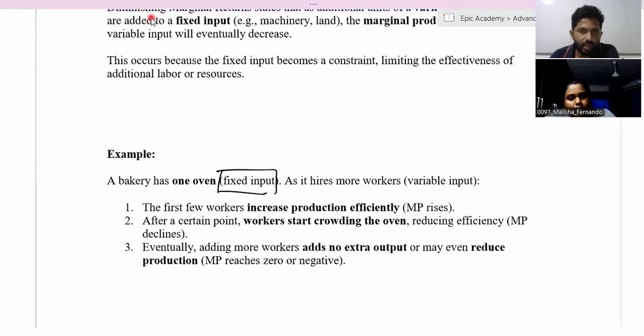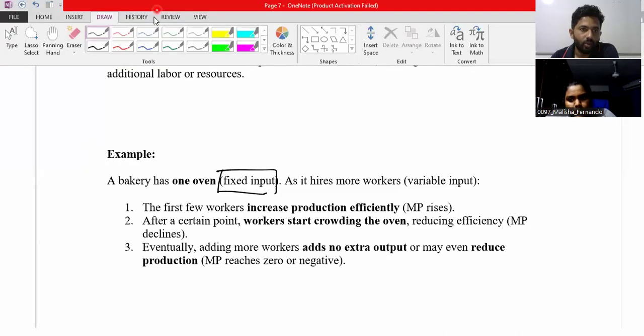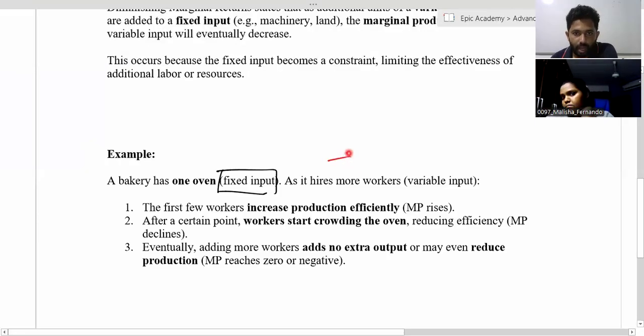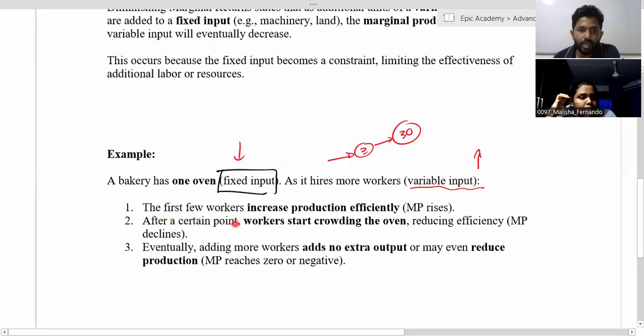As it hires more workers, already they hired 3 workers, and now they are going to hire 30 workers. Okay, that means only the variable input can be increased with the same fixed input. What happened? The first few workers increase production effectively. Yes, MP rises.